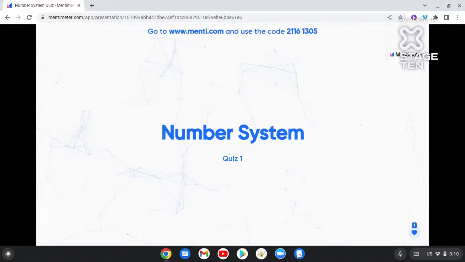One moment. Okay, I can see one of you here. Waiting for others also. Remember the code. It's 21161305. That is the code. You can join from there. I'm waiting for all of you.